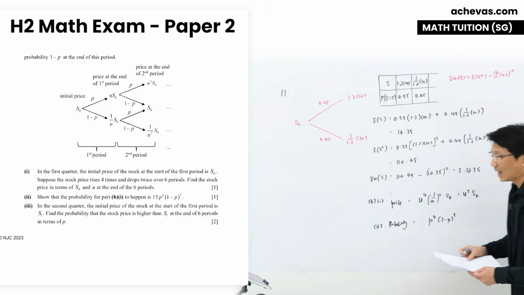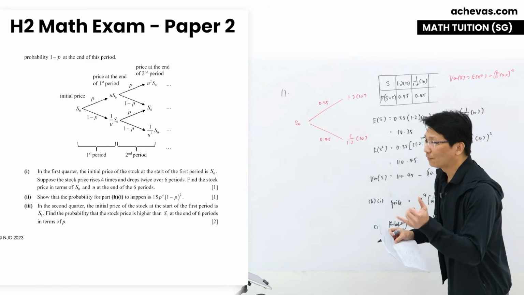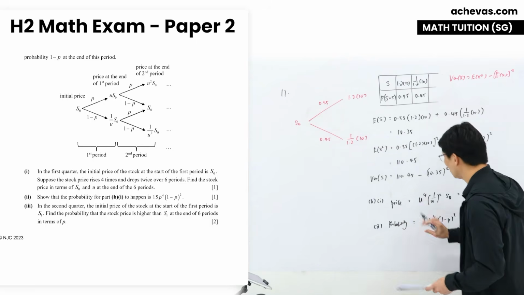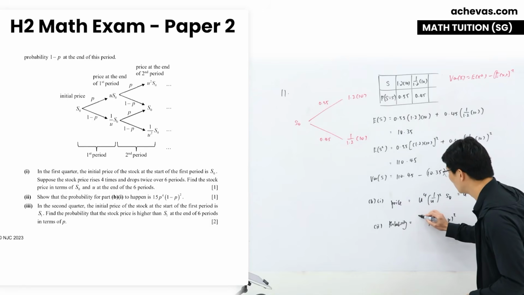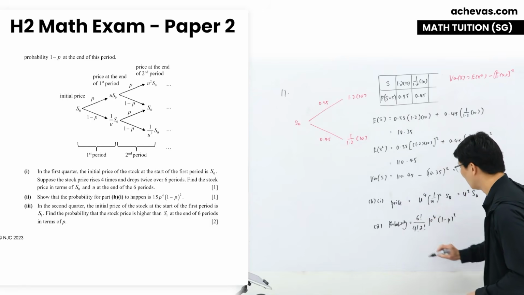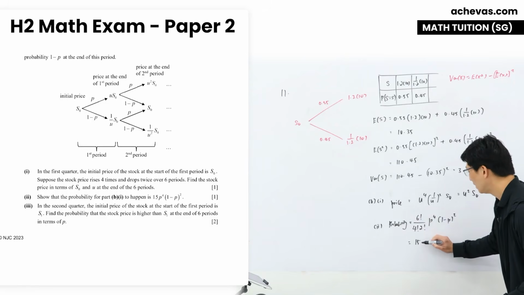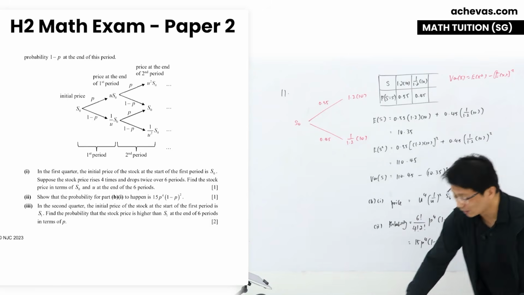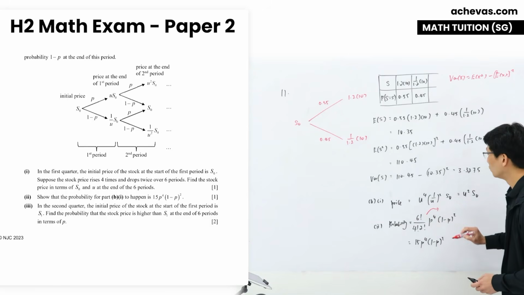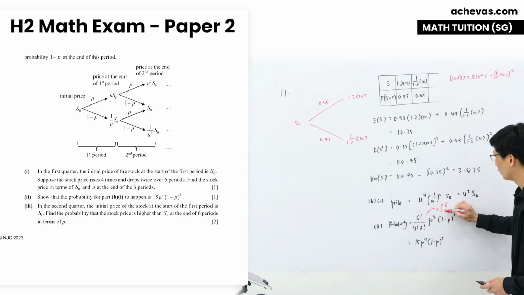And because there are 6 periods with 4 repeated and 2 repeated, I will just do a permutation of it, which is 6 factorial over 4 factorial times 2 factorial. And this will just give me 15 p to the power of 4, (1 minus p) squared.